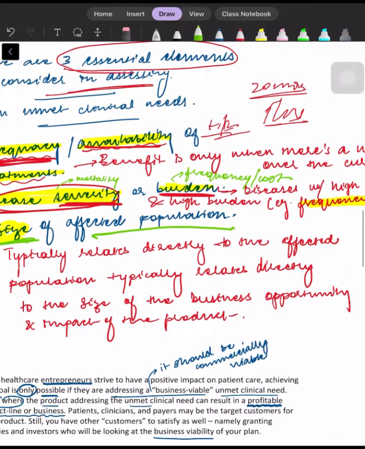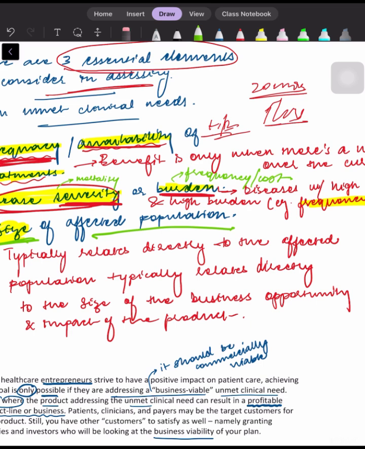Suppose, for example, COVID-19, it was an unavailable treatment. COVID-19 was such a disease which had no treatment, had high disease severity and mortality rate, and it was burdensome because, even if there is some kind of treatment, the cost of hospitalizing a COVID patient at that time was so high, and the size of the affected population also played a role.